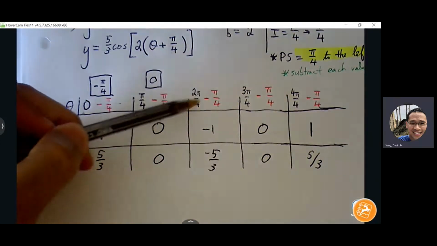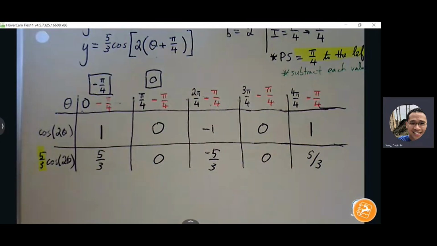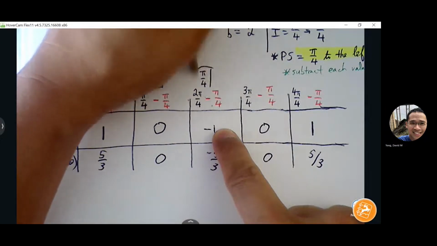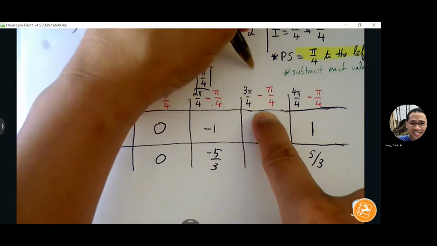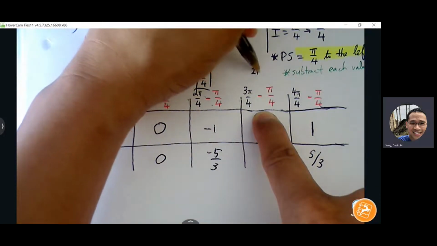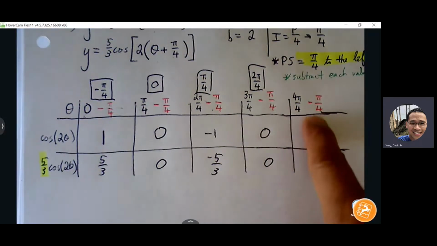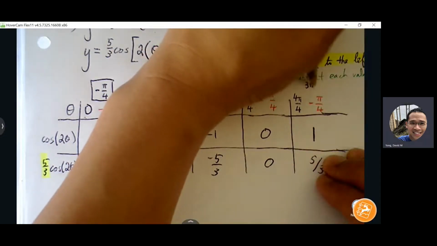So it's nice to have it unsimplified so that we can have an easier time subtracting. What's 2 pi over 4 minus pi over 4? Okay, next. 2 pi over 4. If you want to reduce it to pi over 2, now you can do that. And then 4 pi over 4 minus pi over 4 is 3 pi over 4.